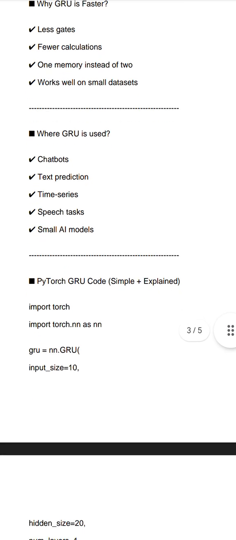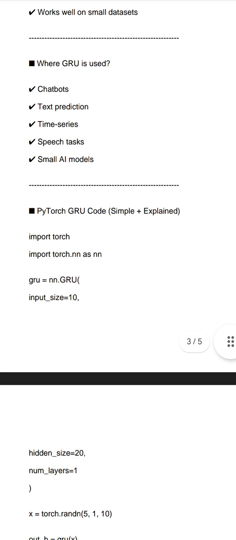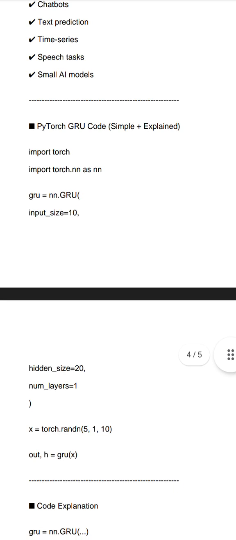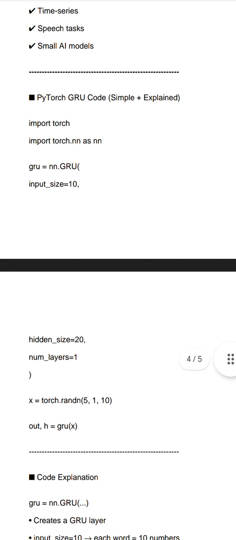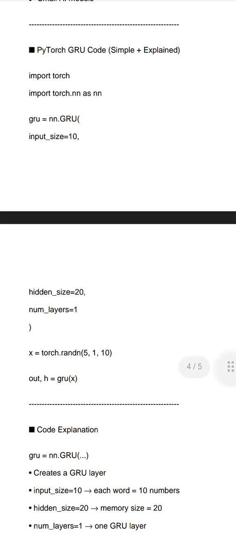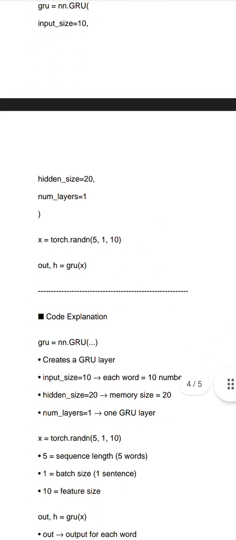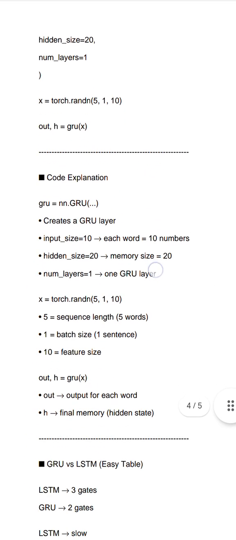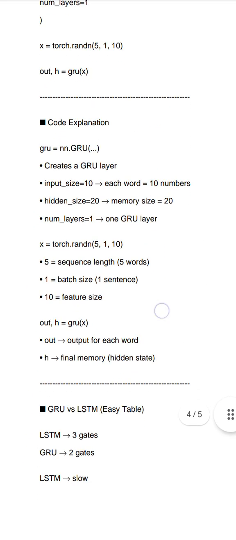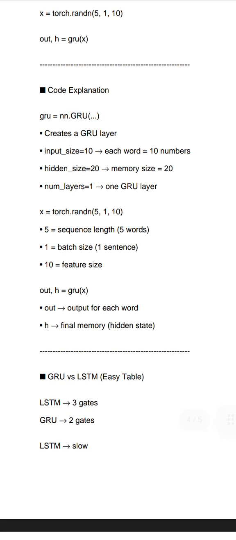It works well on small datasets, where it is used in chatbots, text prediction, time series, speech tasks, and small AI models. Here we have code: nn.GRU with input size 10 and hidden size 5. nn.GRU creates a GRU layer; input size is each word as 10 numbers.